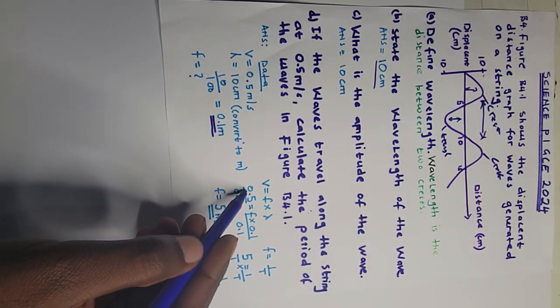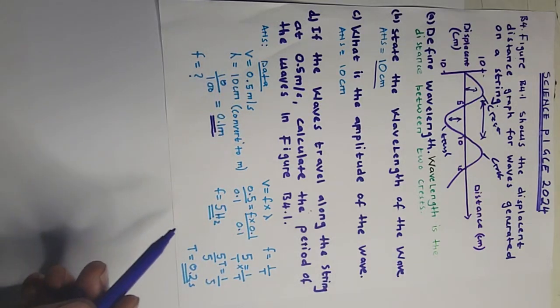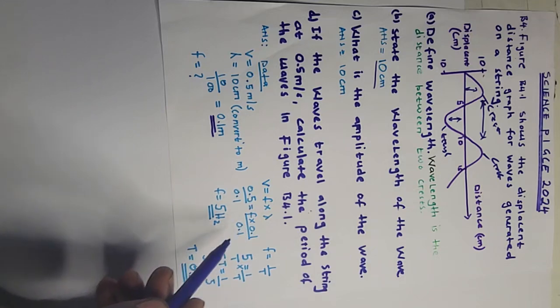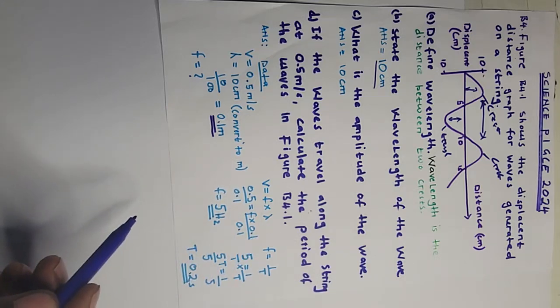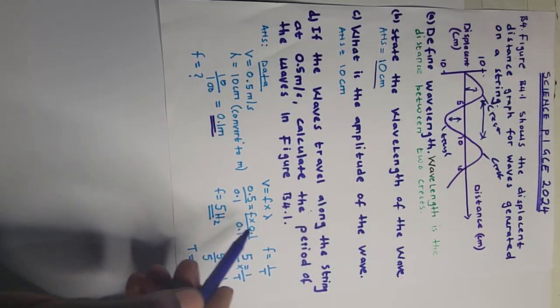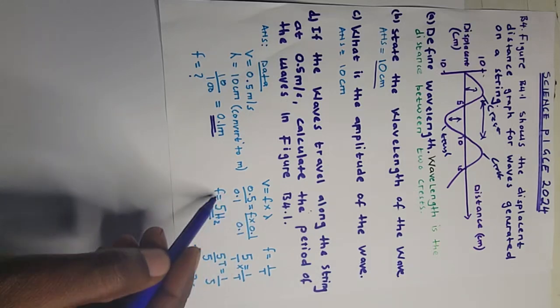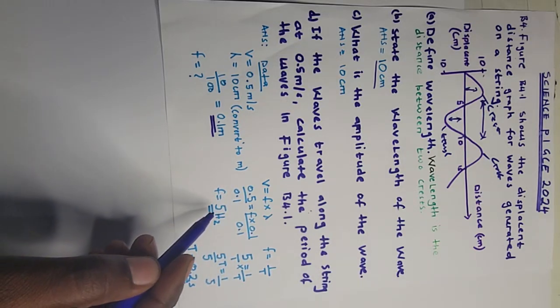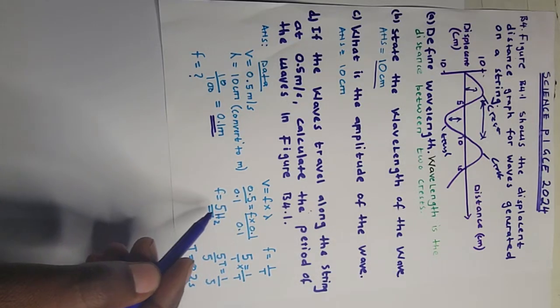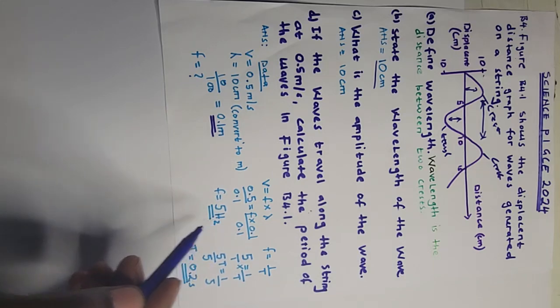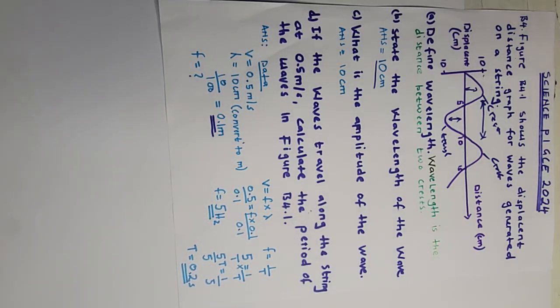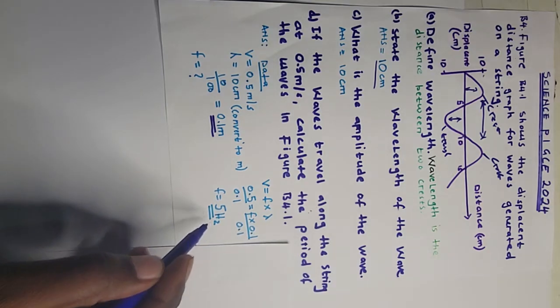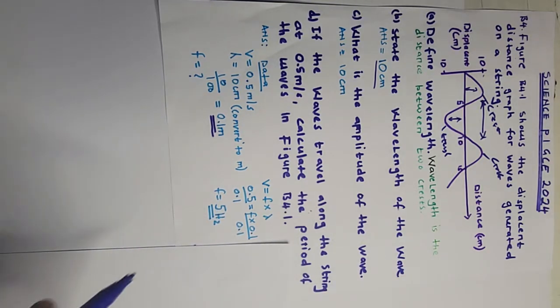The wave speed, they have given us. The frequency is the one we are looking for, multiplied by the wavelength. Then we make frequency the subject. When you divide there, you get 5 Hz. The SI unit for frequency is Hz. So frequency is equal to 5 Hz.